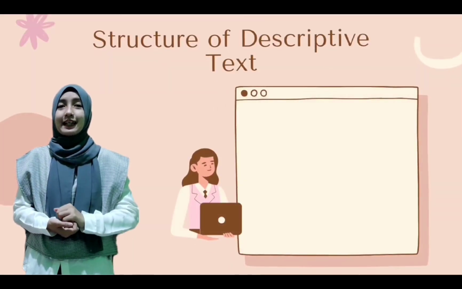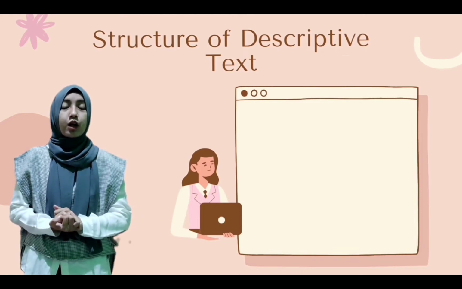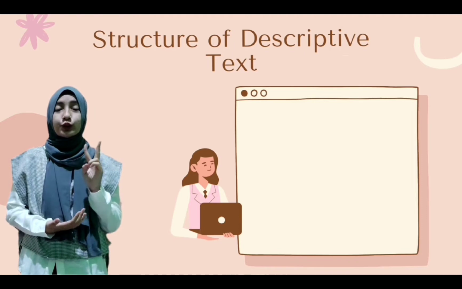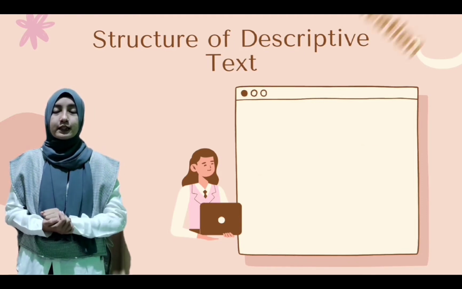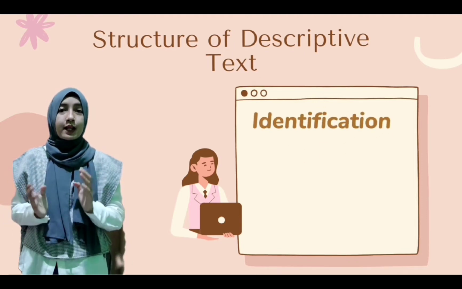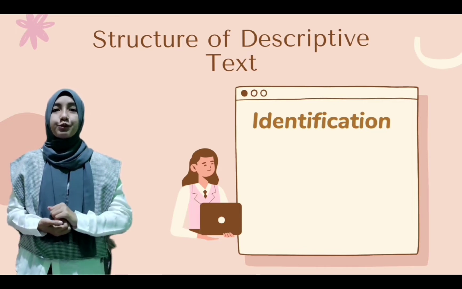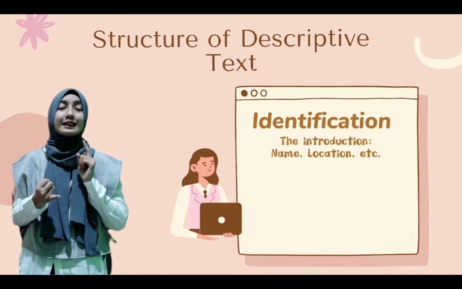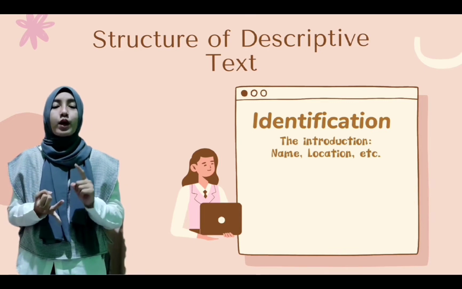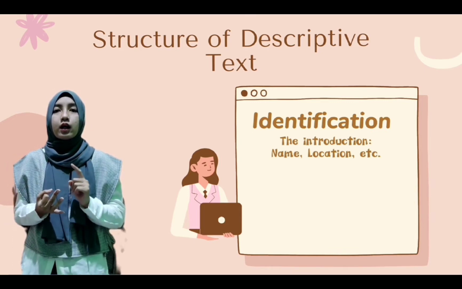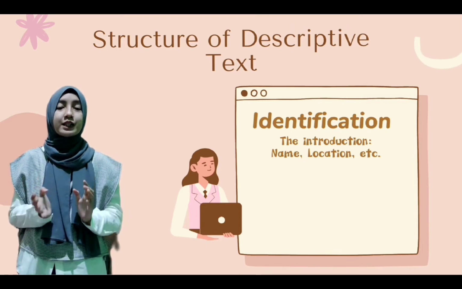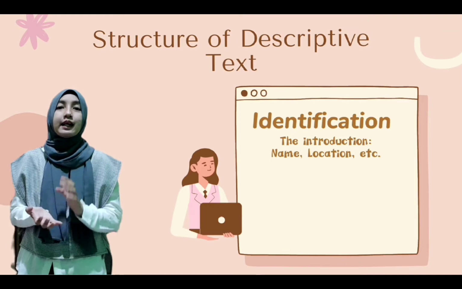Next, let's discuss the generic structure of descriptive text. Descriptive text has two generic structures. First, identification. This part introduces the subject being described. It can be about the name of the place, where the place is, how to get there, and what the famous thing or the attractions about the place are.